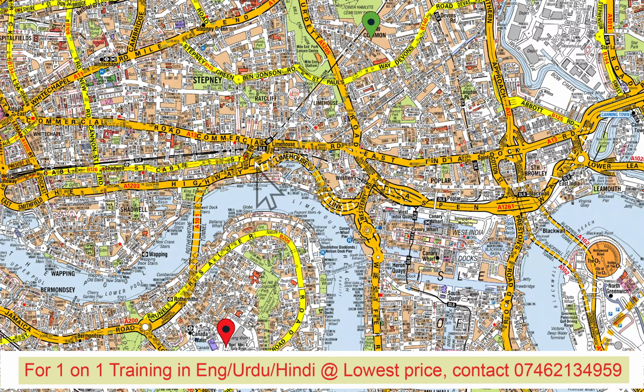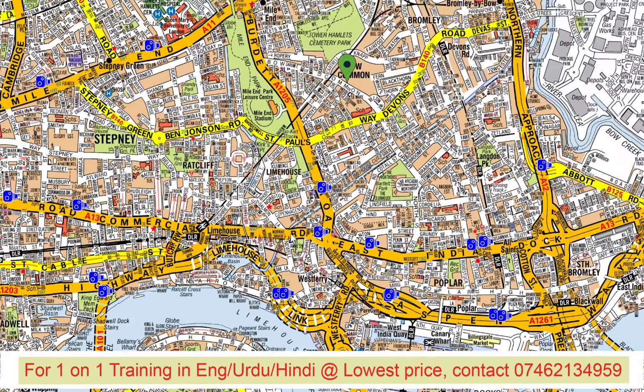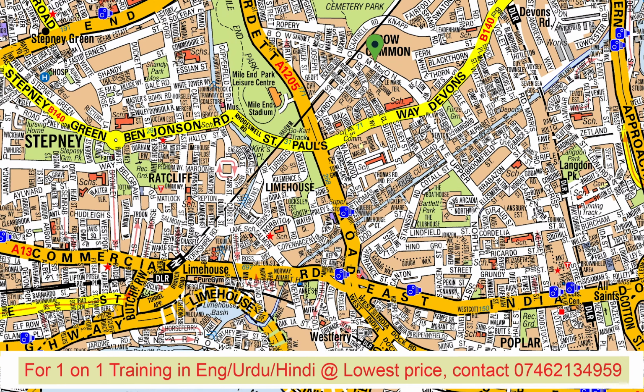So, in order to plan the most direct route from the start point to the tunnel approach, let's zoom and scroll our map. Now, we can see that the tunnel approach is also in the southwest direction from our start point. Therefore, apparently, the most direct route will be going ahead in the southwest direction.